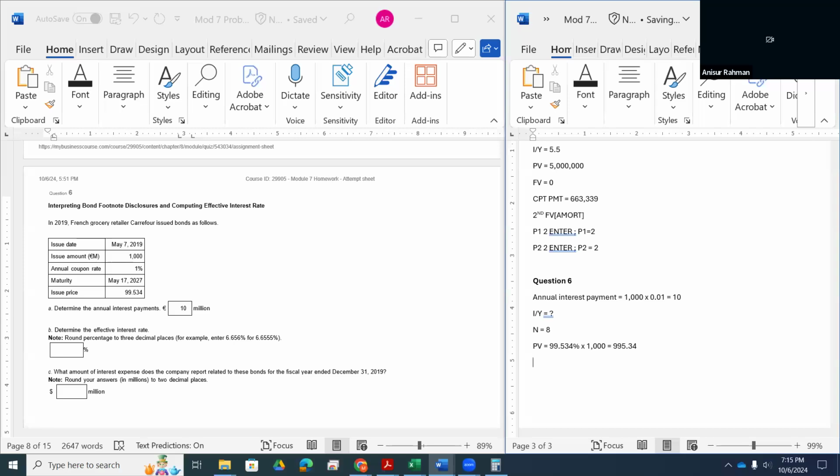And this company has to pay it off, so negative 10. Future value is at the end of the bond, this company has to pay the face value, which is $1 million, so negative 1 million. Negative because the company has to pay. Now compute I over Y.